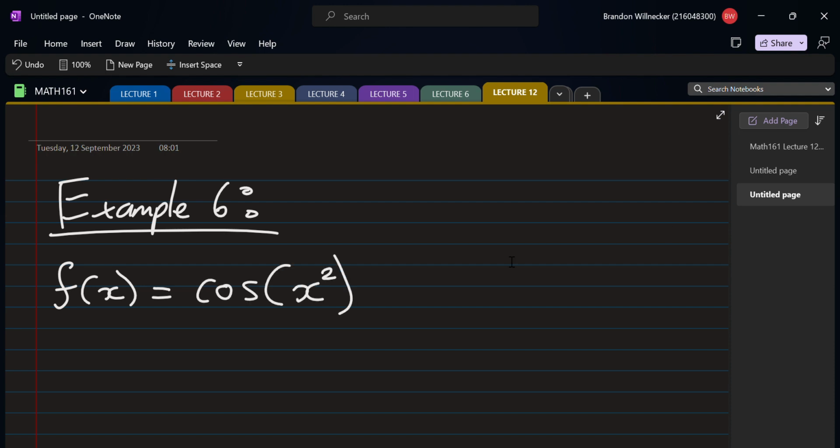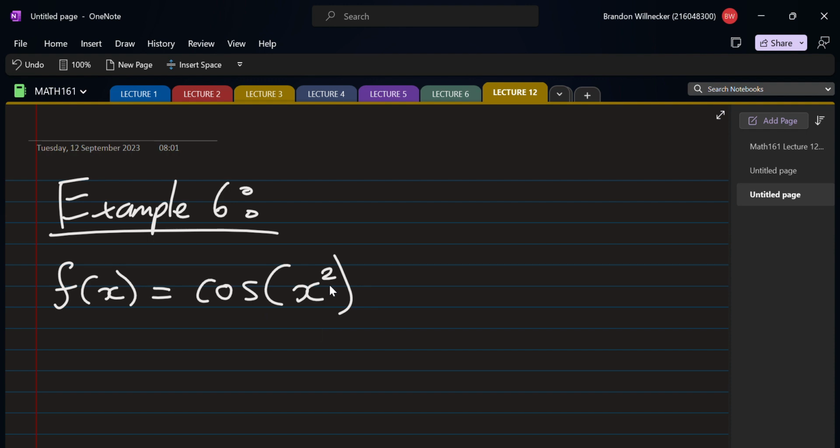When we looked at the Taylor series for cos of x, that was fairly simple to do. But here we have cos of x squared. That's going to be a bit more difficult to do with regards to those derivatives. If we take the first derivative, we need to use the chain rule. Then we're going to have to do the chain rule and the product rule.